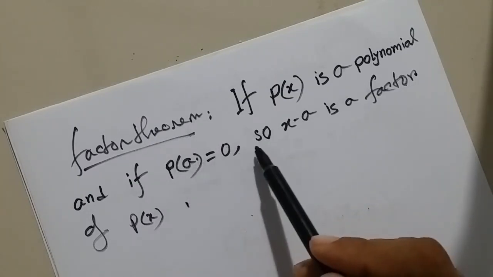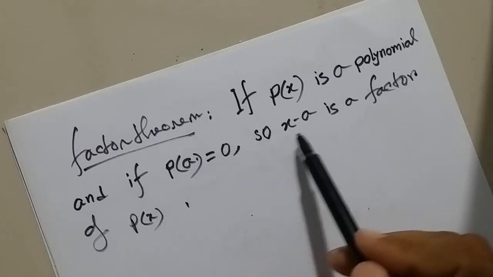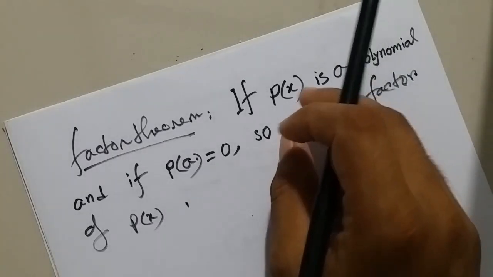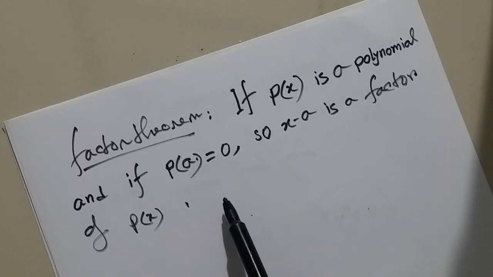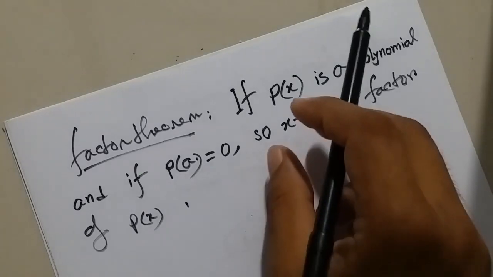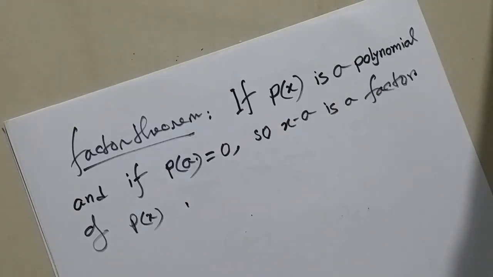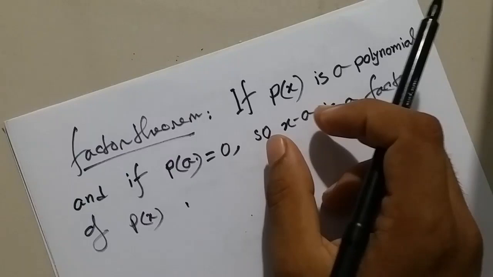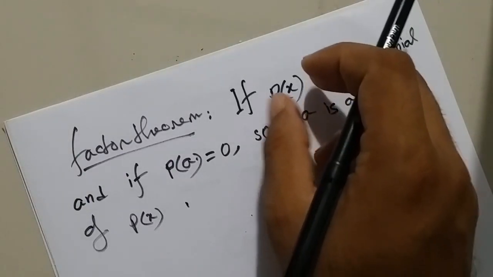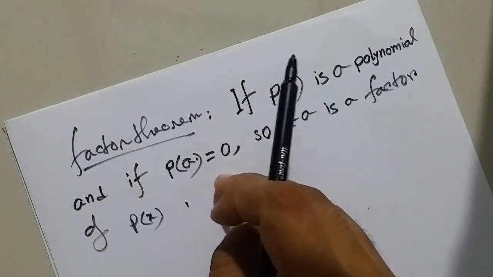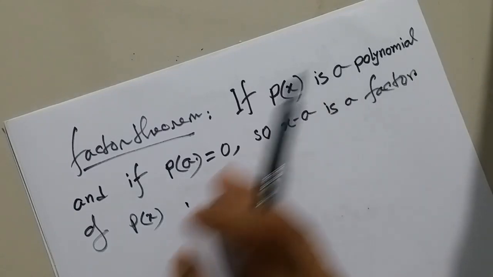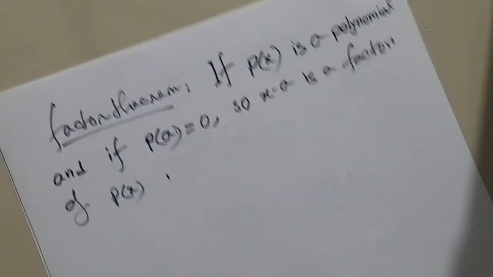So if the remainder is 0, then obviously x minus a can divide p of x, clear? And if a number divides a number, then it is a factor of that number. Here x minus a divides p of x with remainder 0, so x minus a is a factor of p of x.